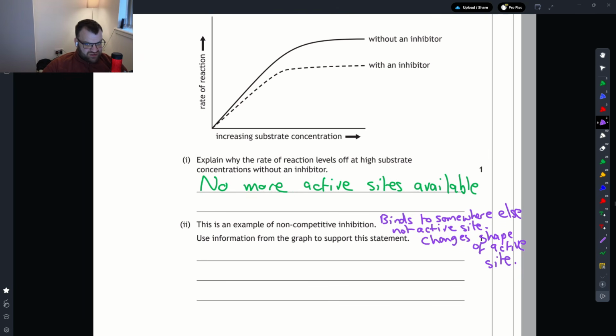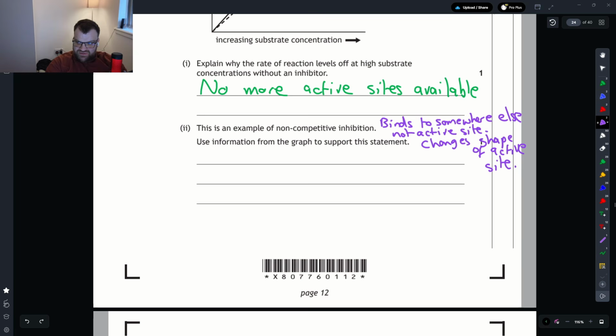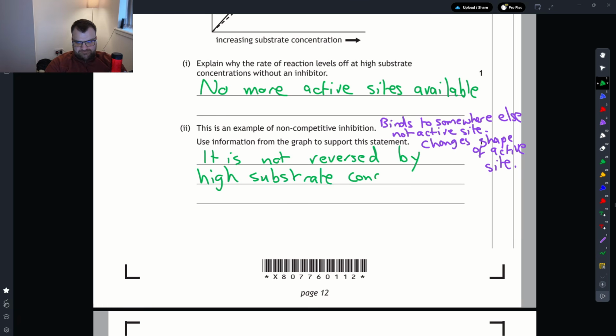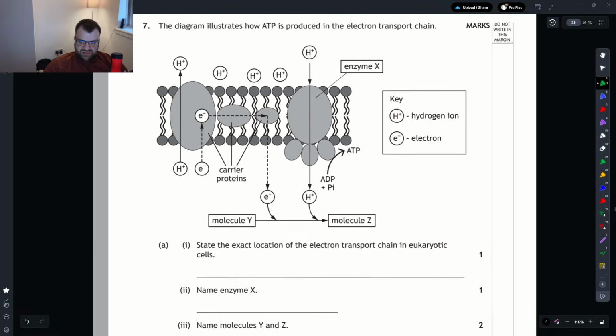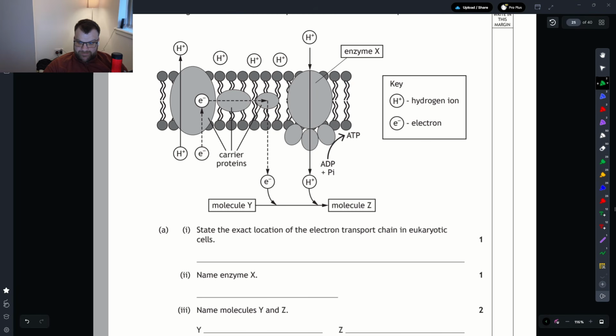Increasing the substrate concentration has not reversed the effect of the inhibitor. So in this one, it is not reversed by high substrate concentration. So I'd put that there.